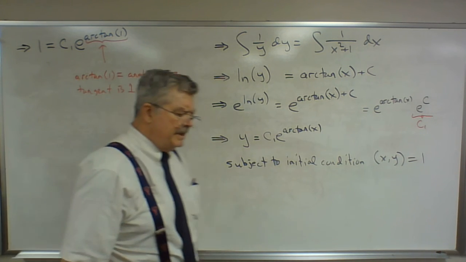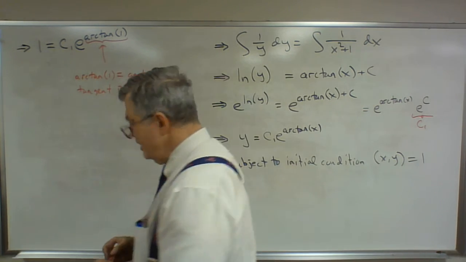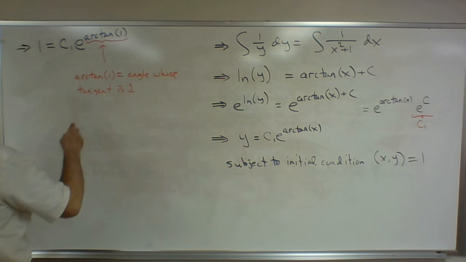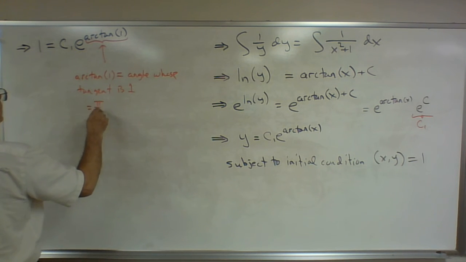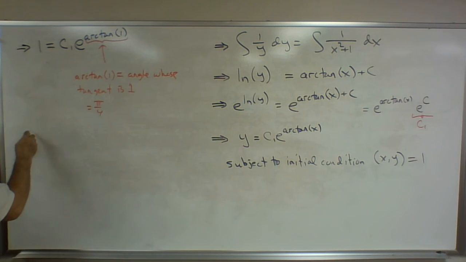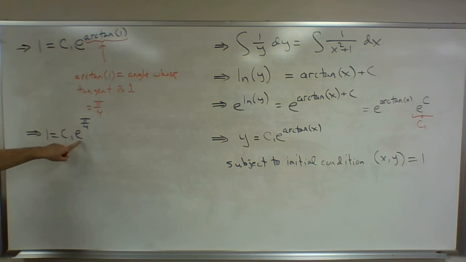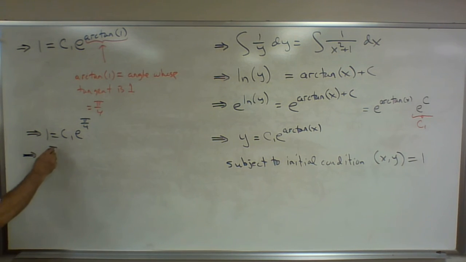The angle between negative pi over 2 and pi over 2 whose tangent is 1, that's pi over 4. So arctangent of 1 is pi over 4. And I need to know what C1 is, so I'll divide both sides by e to the power of pi over 4. e to the negative pi over 4 equals C1.